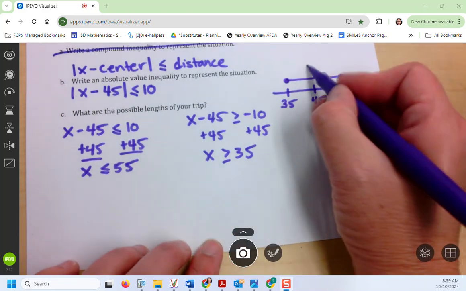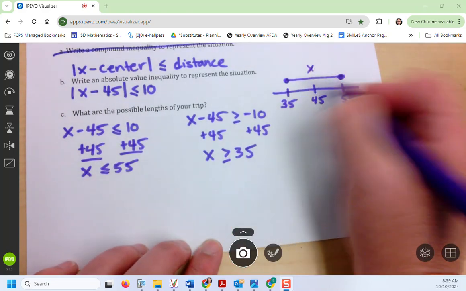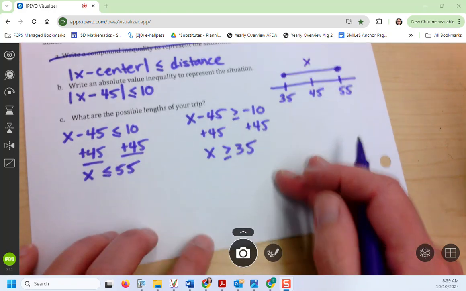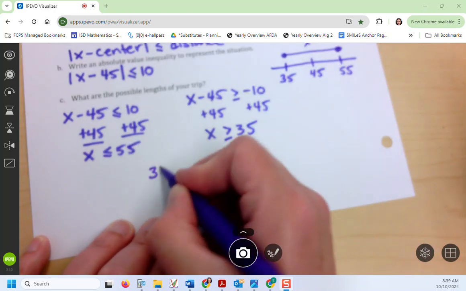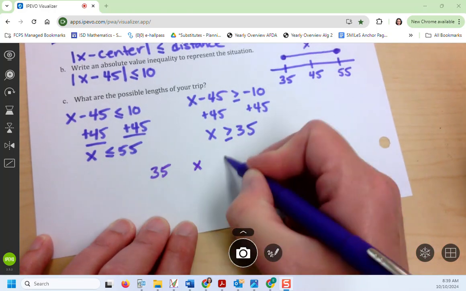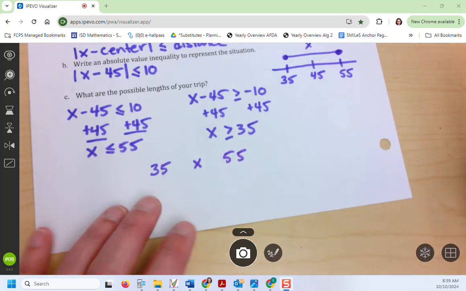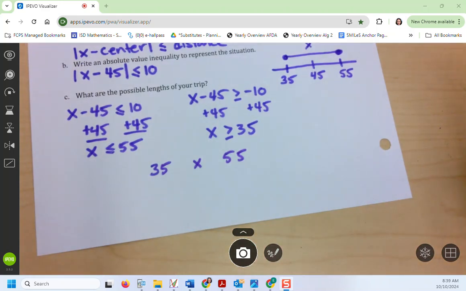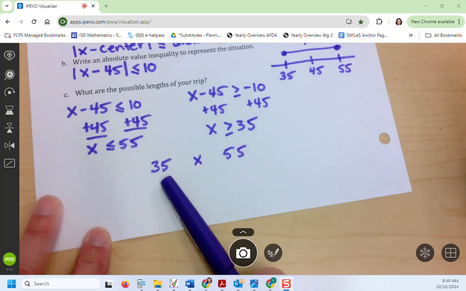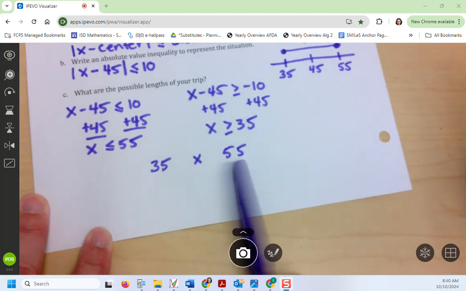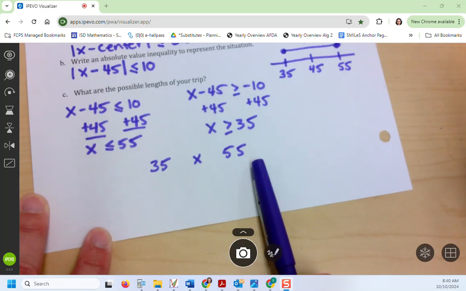So x could be any number between 35 and 55. Okay, so you always just write it from the smallest to the largest. Smallest is 35, the largest is 55, and x could be any number in between.